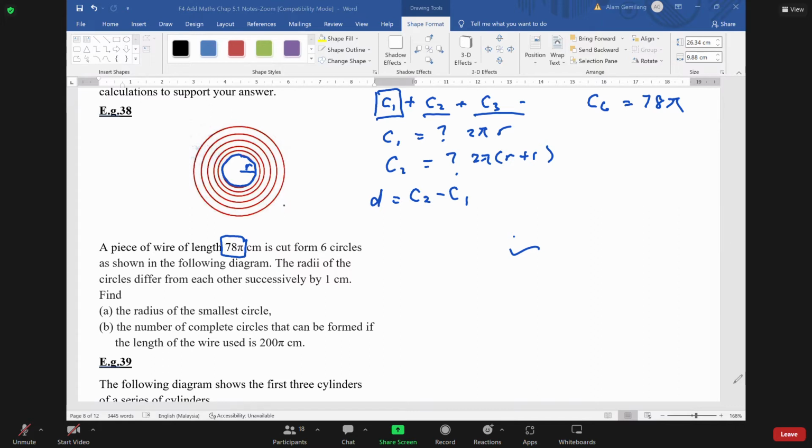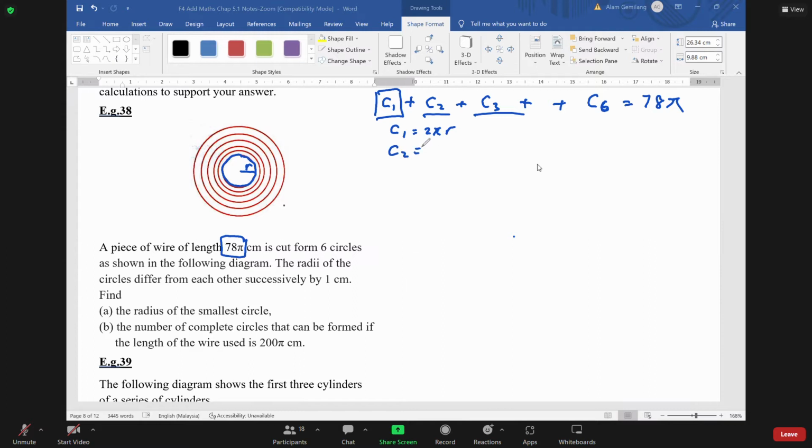You find the circumference first. So circumference one, all these add up, C1, C2 until C6, you add up, must equal to 78 pi. So what is C1? You just let the radius become r. So circumference C1 is 2 pi r. So what is C2?